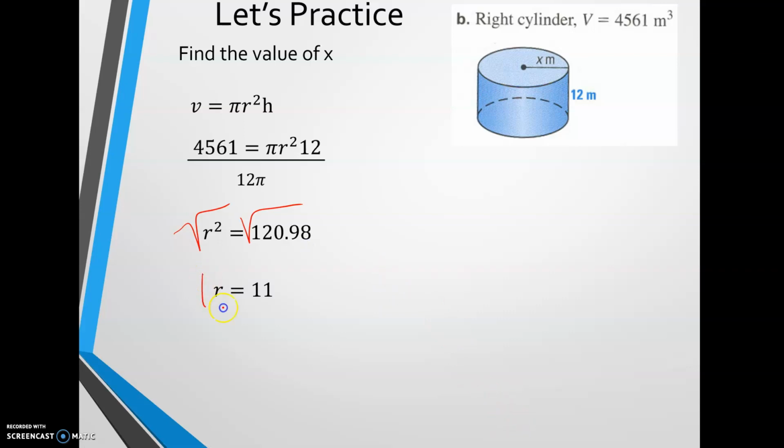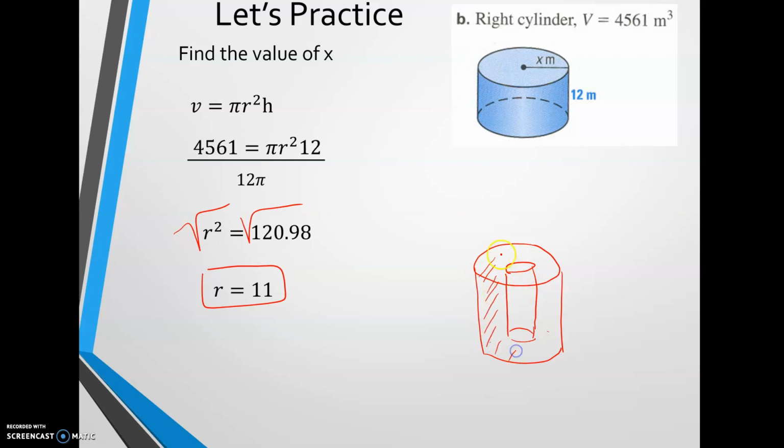You are going to have a problem on your homework tonight that looks something like this. What it's supposed to be is a cylinder that has the middle portion cut out. You can think about it like a paper towel roll.